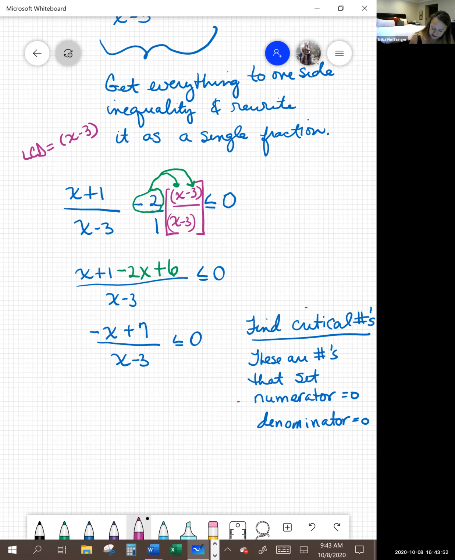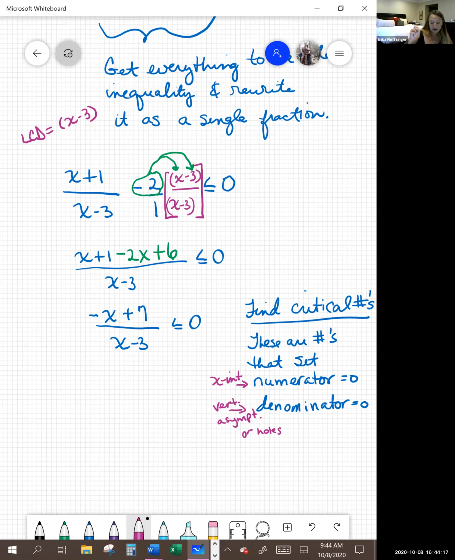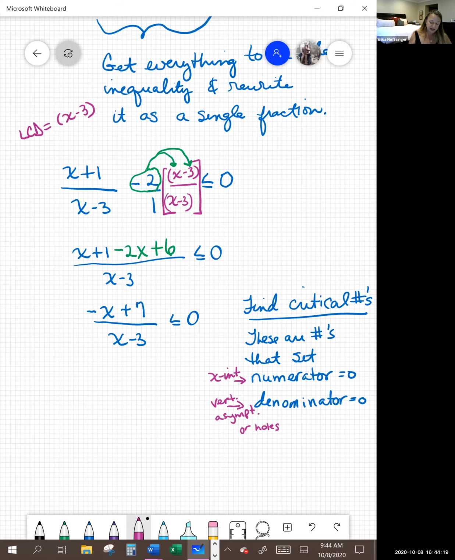Numerator equal to 0, those are your x-intercepts. Denominator equals 0, vertical asymptotes, or holes. So those are the places where it could be changing above or below the x-axis, and those are the values that we have to worry about.